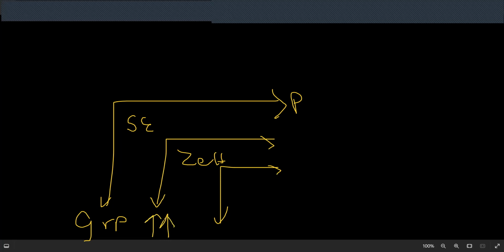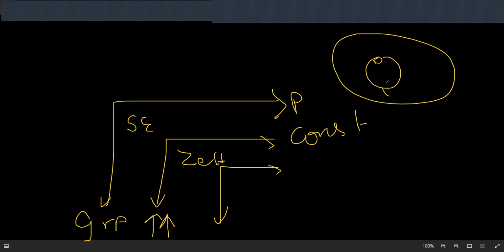The shielding effect stays constant as we go left to right across a period, because however many electrons we add, the inner electrons are only 2. The number of inner electrons does not change.